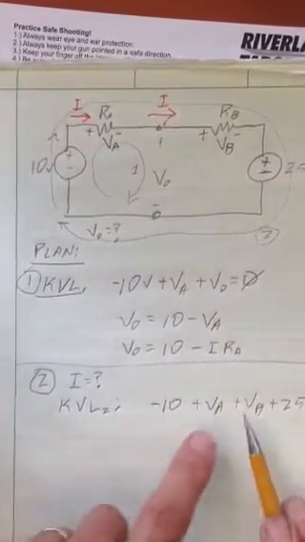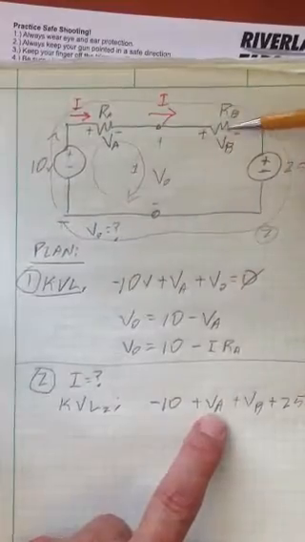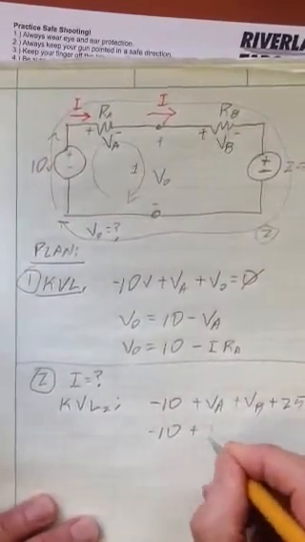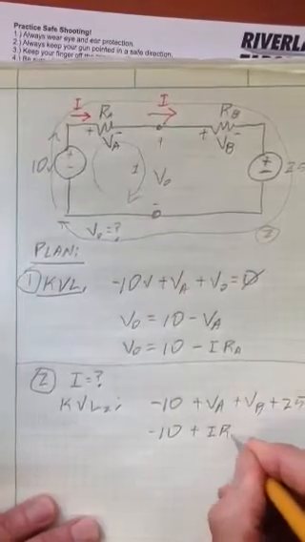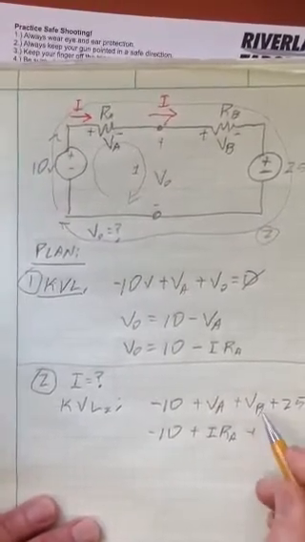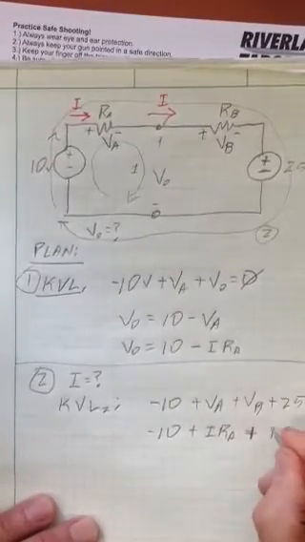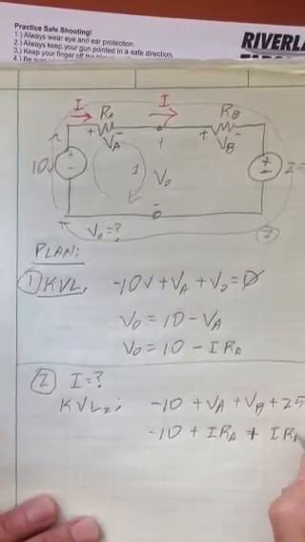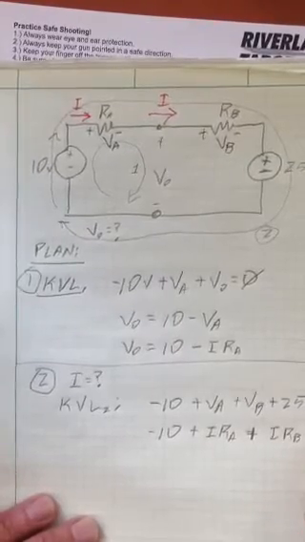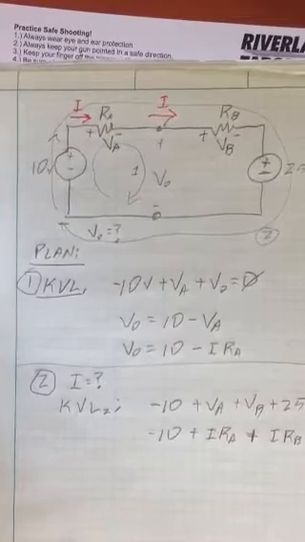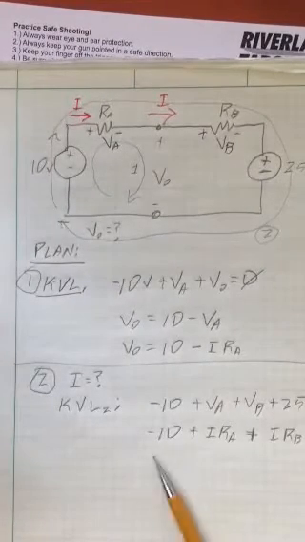All right, now once again, we can use Ohm's law for resistor A and resistor B. We'll have minus 10 plus I times RA. V equals IR for resistor B. That'll be I times RB plus 25 equals 0. Hey, now look, we have an equation with one unknown.